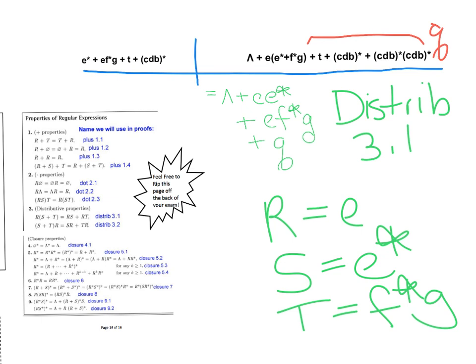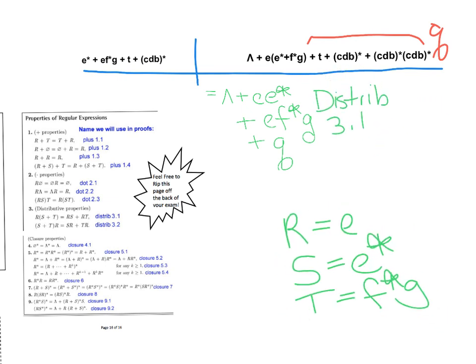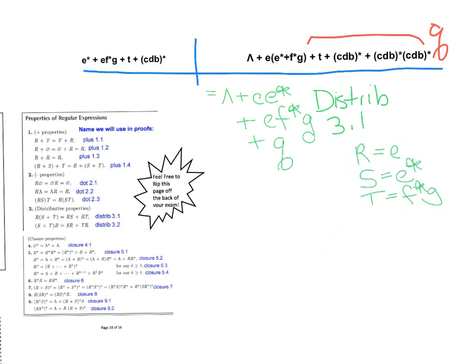I think maybe I can shrink this in my notes. There we go. All right. And then I want to do something for this next part, right? So now I have lambda plus EE star plus EFG plus Q, which is just the rest of the junk.